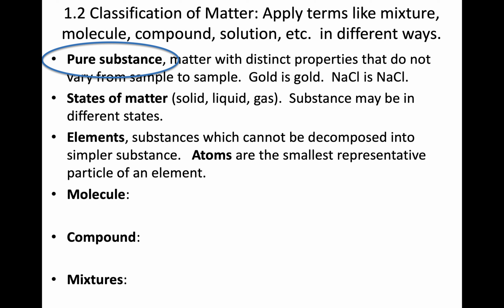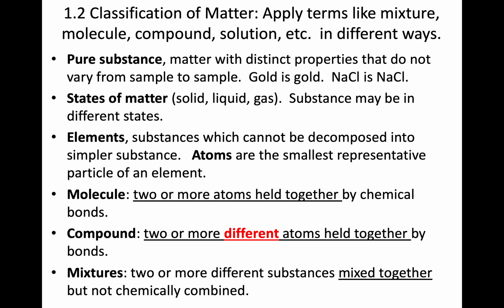States of matter: we'll be discussing matter as solid, liquid, and gas. You might be familiar with other states of matter like plasma. Those are interesting, but we're going to have plenty to talk about if we just stick in this class with solids, liquids, and gases. You've probably heard both elements and atoms. The ones I want to draw your attention to that we want to be careful with, first of all, is a molecule. A molecule is when we have two or more atoms held together by chemical bonds.